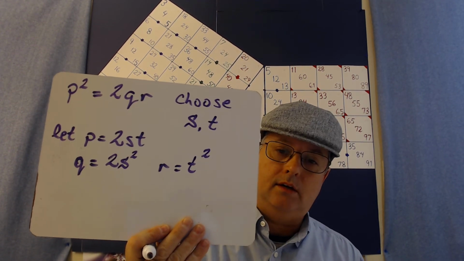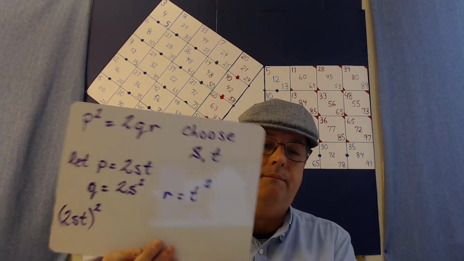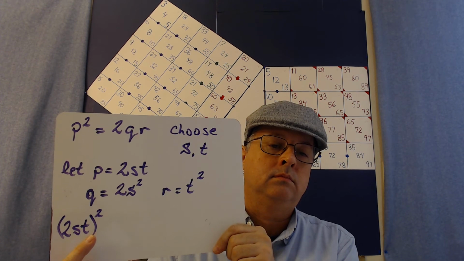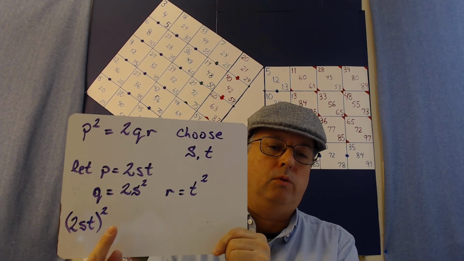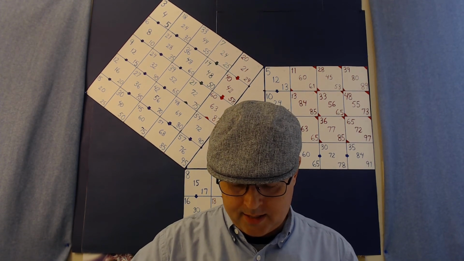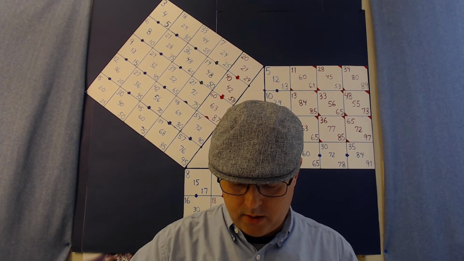And now check this out. See what happens here. So we'll put in 2st for the p, and square it. And that will give us 4s squared t squared.